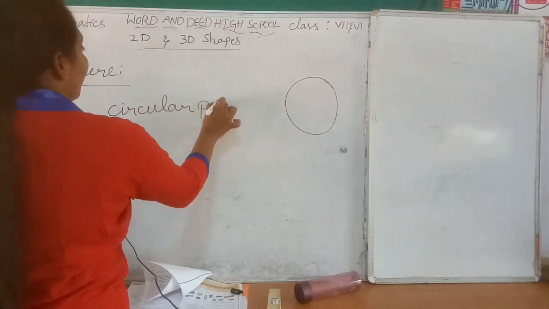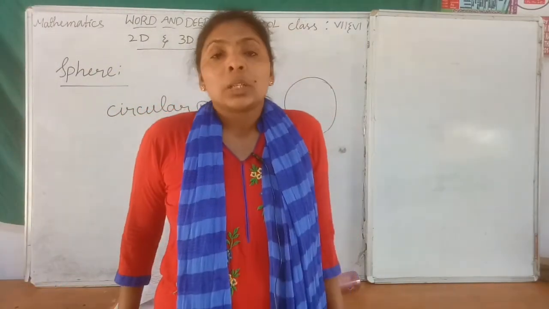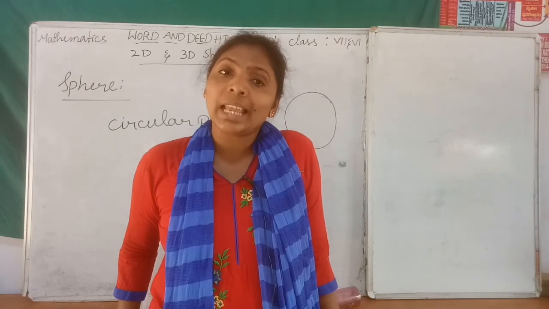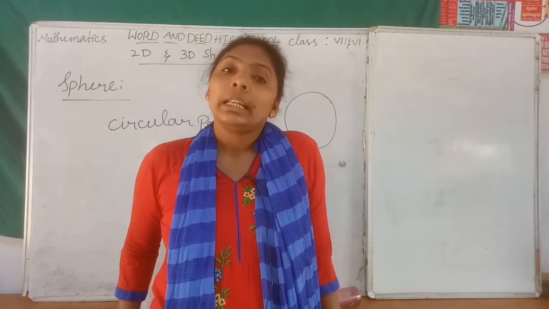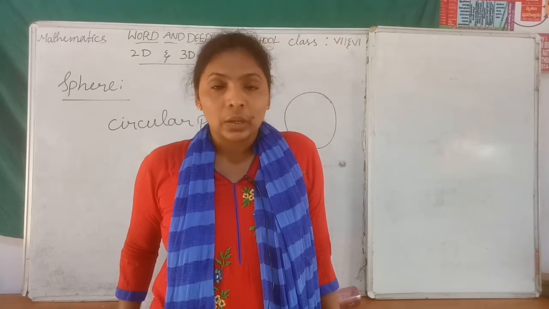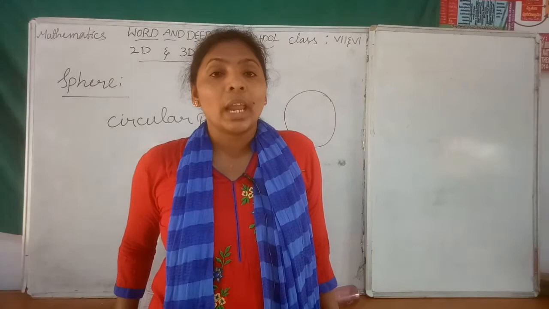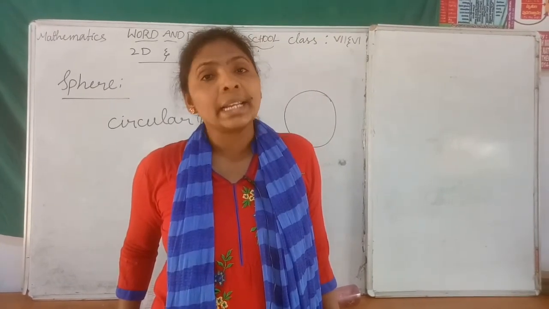So in this class what have we discussed, children? Just an introduction of two-dimensional and three-dimensional pictures. What are the two-dimensionals? Length and breadth. We discussed rectangle and square. Next we have three dimensions: length, breadth and also height.